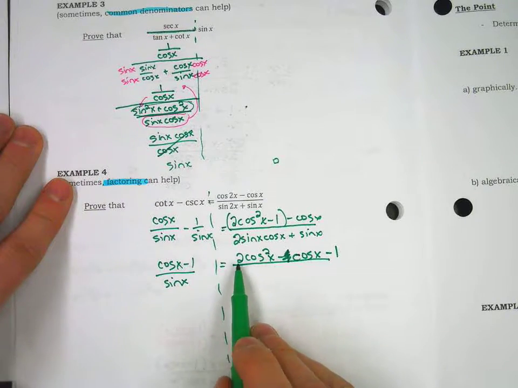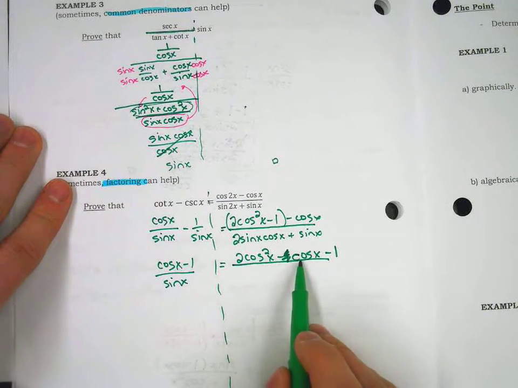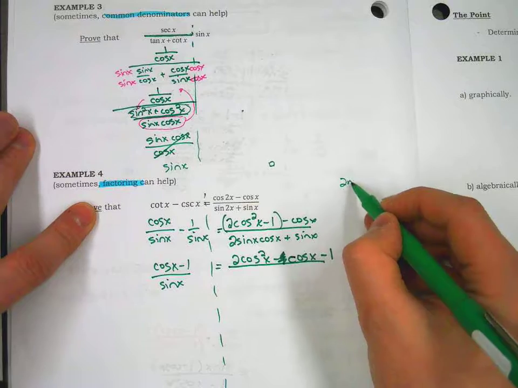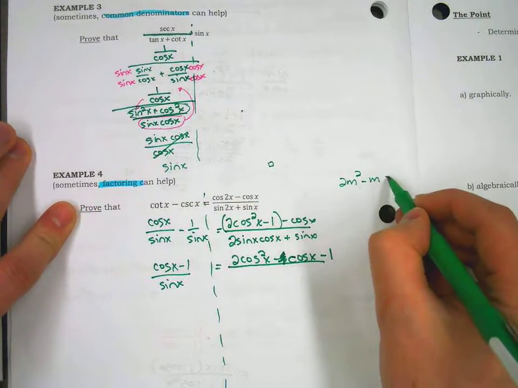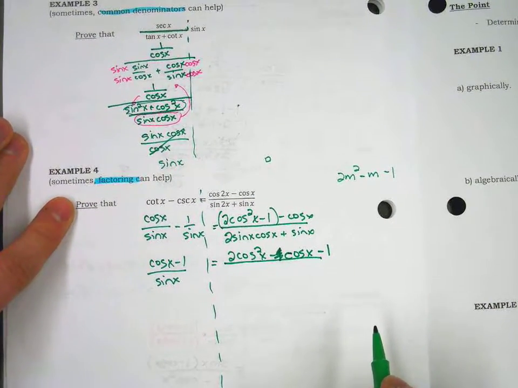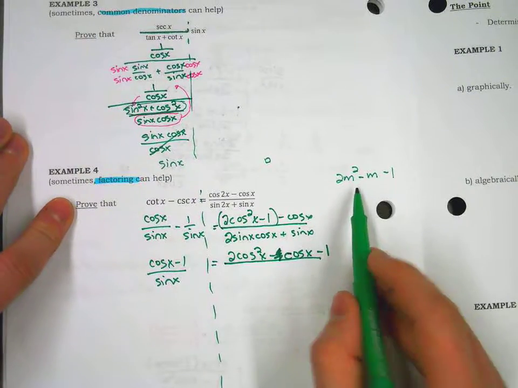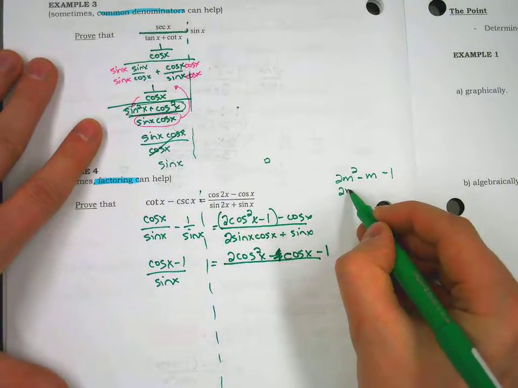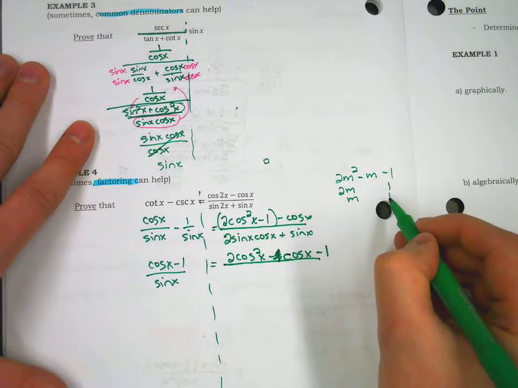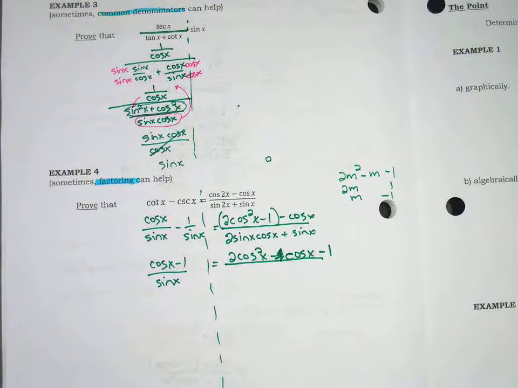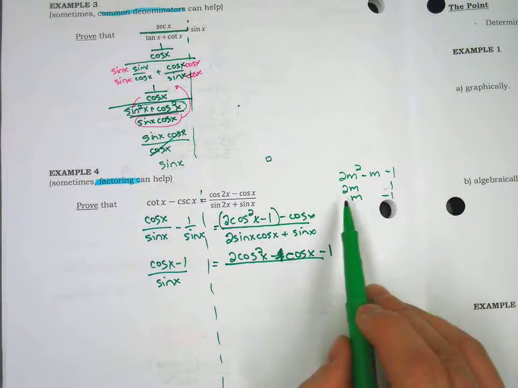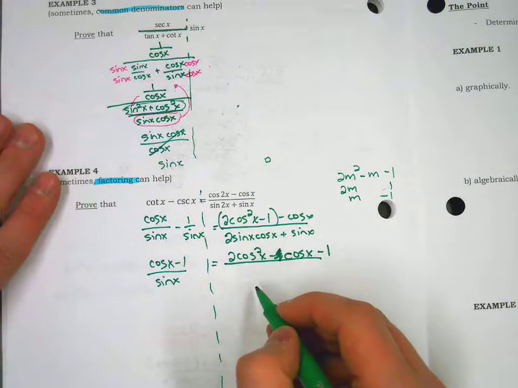This looks very much like 2m squared minus m minus 1. We've been factoring trigonometric expressions for a little while. How do we factor this? Well, we try to determine what factors multiply to make things work out cleanly. A 2m plus 1 and an m minus 1 looks pretty nice.